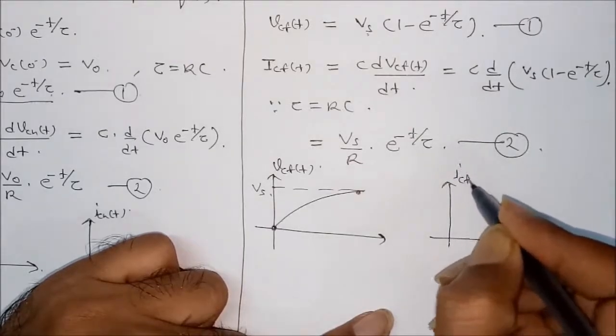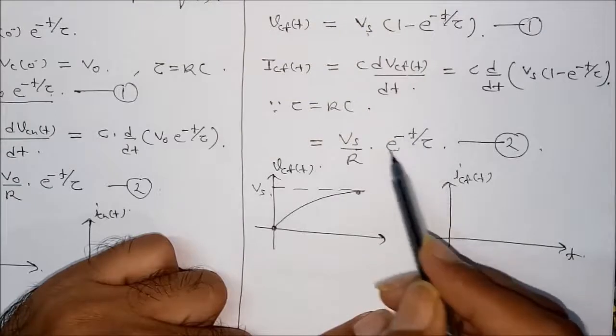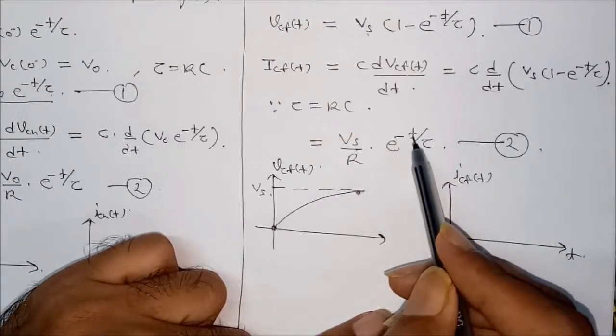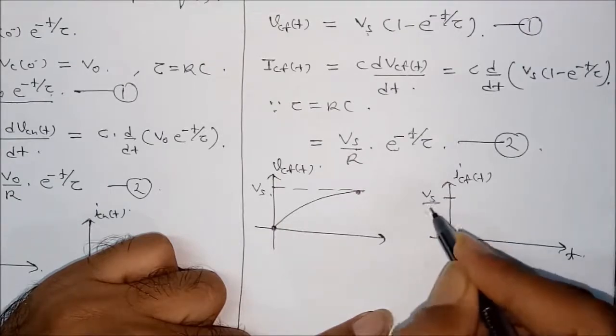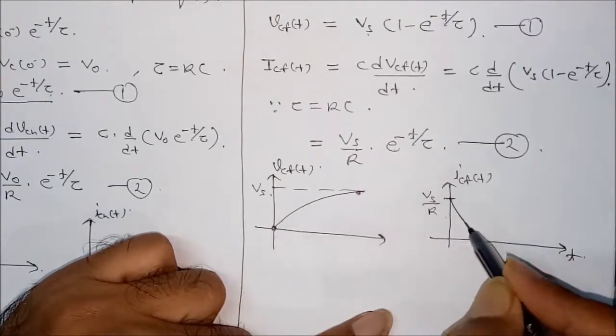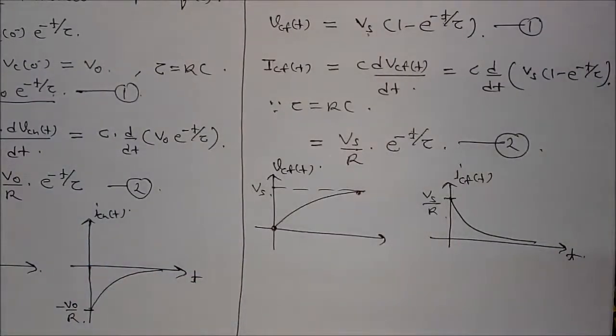Similarly, if I want to draw the current, how will it look? This is Icf(t), this is t. Initially, at t equal to 0, it is Vs by R, and after that you get an exponentially decaying component. Is it okay?